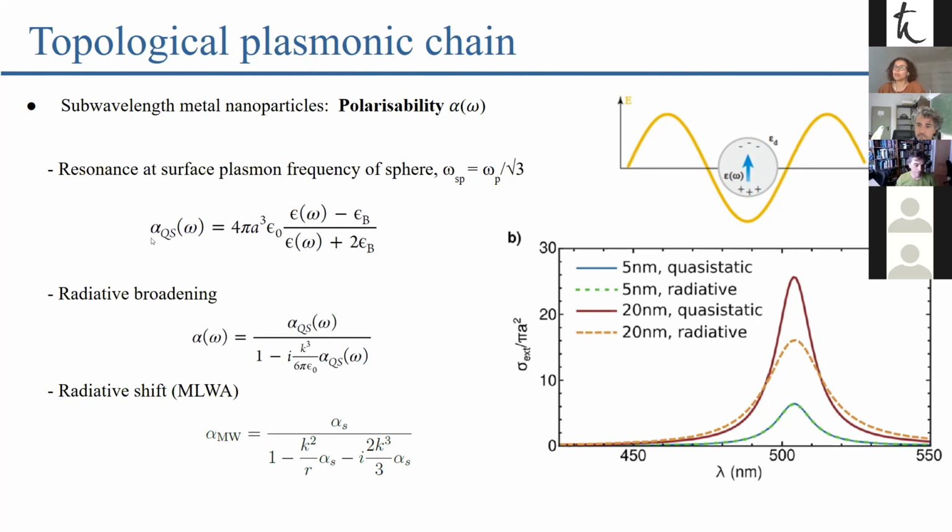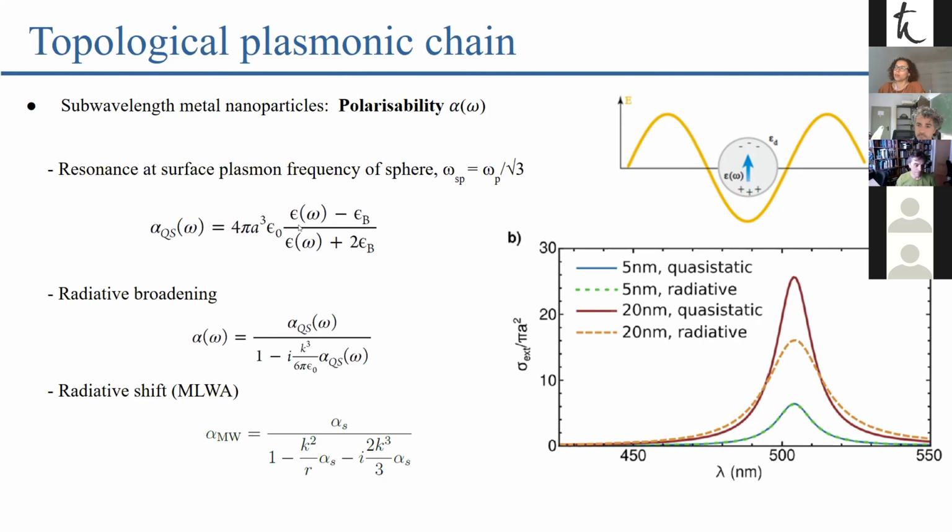It is possible to describe the polarizability of a plasmonic nanoparticle in terms of the dielectric function, and this will show a resonance that is rather broad because the plasmonic nanoparticles are lossy. There is ohmic loss in the metal, and in the quasi-static limit, the loss is basically given by this ohmic loss.